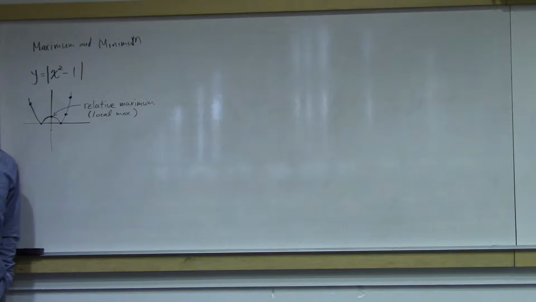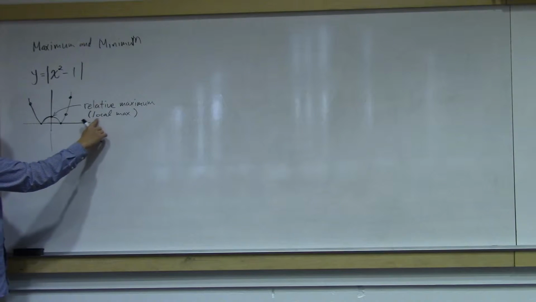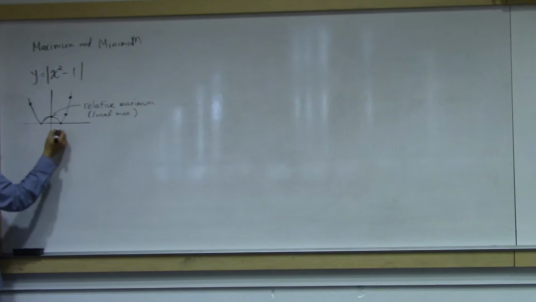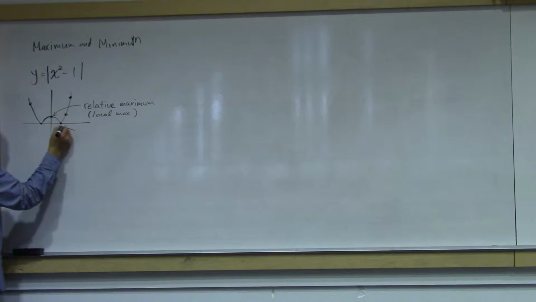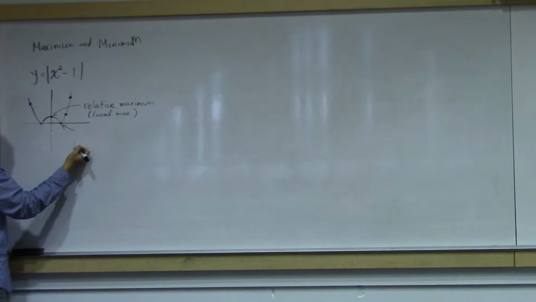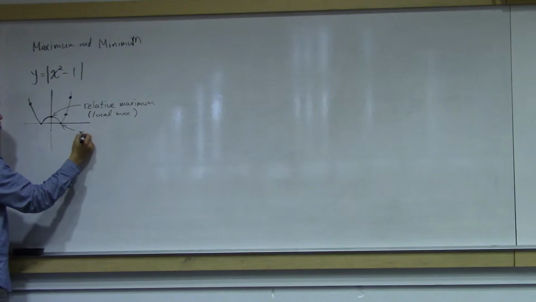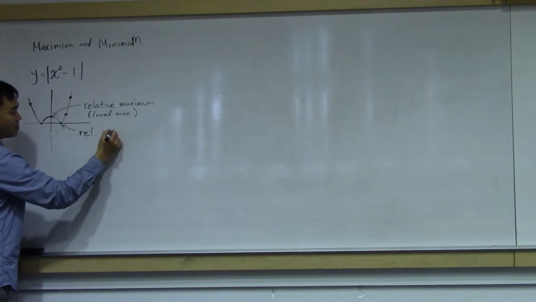If by chance you are working on your homework or in some other question set, or you're watching some YouTube videos and it says local maximum, just understand it as relative maximum. Okay. Now, this point here is also smaller than the nearby points, right? So you can say that this is a relative minimum.